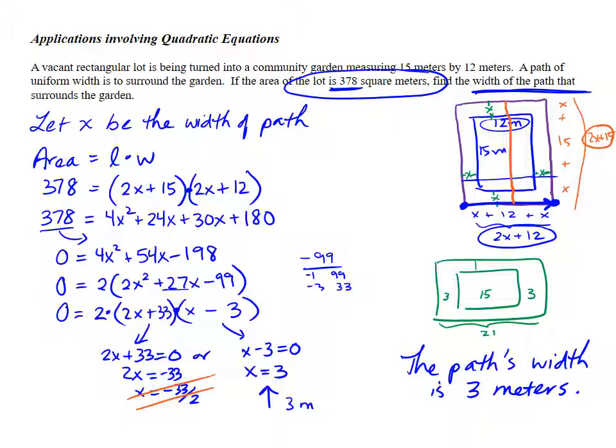The other direction, we'd have a 3 and then a 12 and then a 3, so that would be 18 going this direction. If we do 21 times 18 in our calculators, 21 meters times 18 meters gives us a correct area of 378 square meters. So a little quick check to make sure that everything works out with a little new diagram since my first one was so messy.